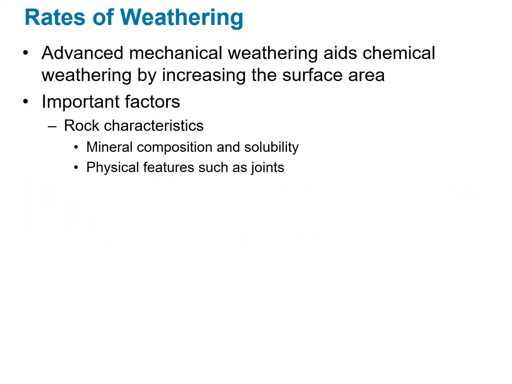Okay, so when you have a lot of mechanical weathering, that aids chemical weathering, like we talked about before, breaking it down into smaller pieces and thereby increasing surface area. But there are a lot of important factors that affect how fast things weather. One is the mineral composition. Some minerals are more susceptible to weathering than others.